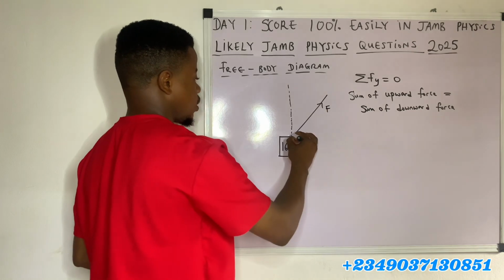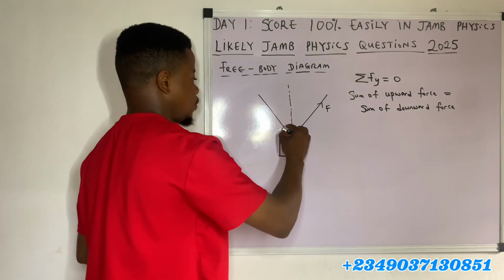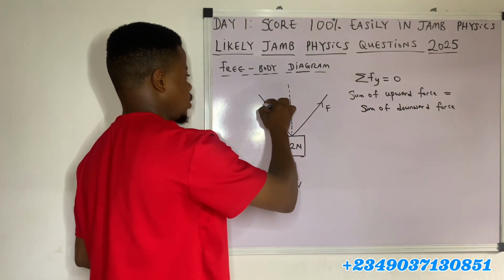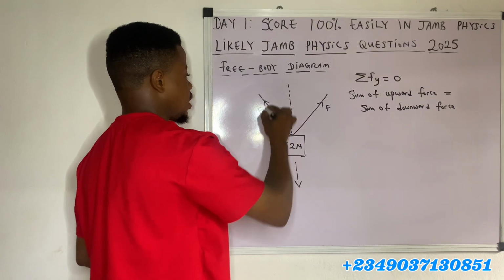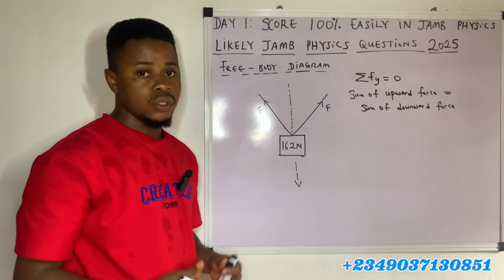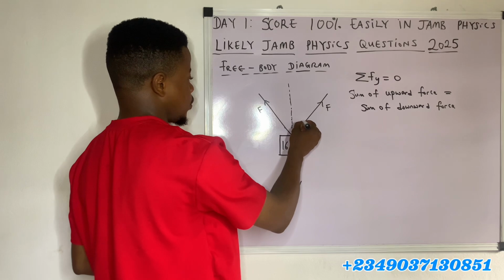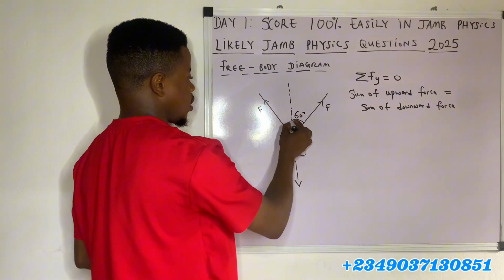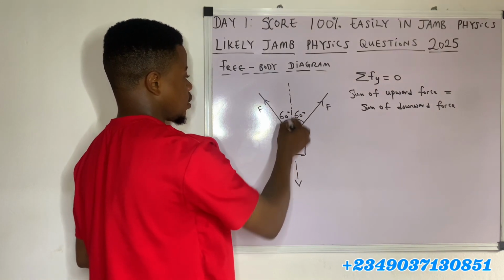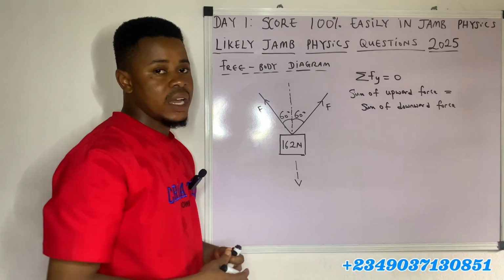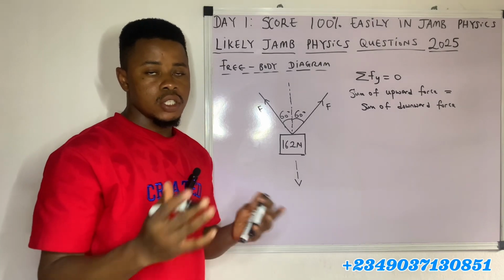Force here, another force here, and they said it's making an angle of 60 to the vertical. Means the angle formed here is 60 degrees, angle formed here is 60 degrees. We have been asked to find the force of each student.